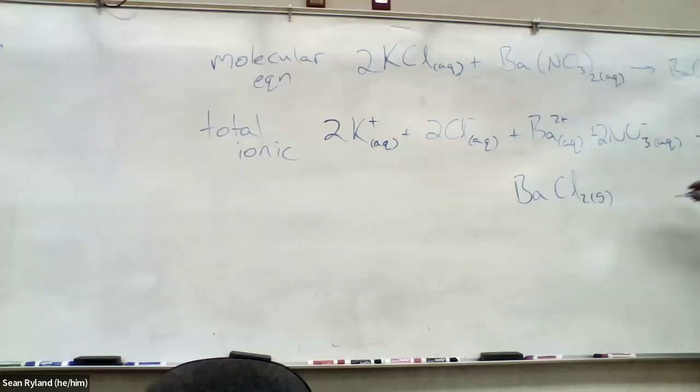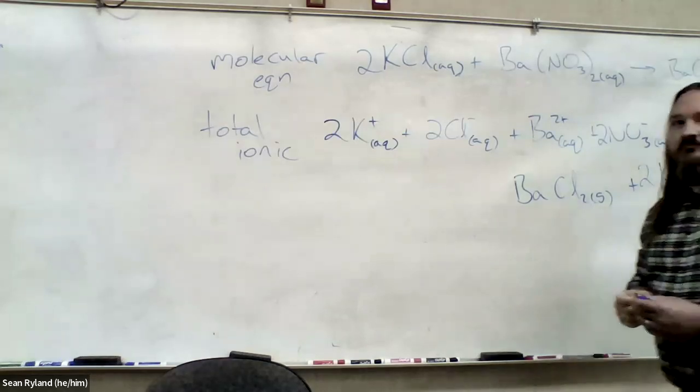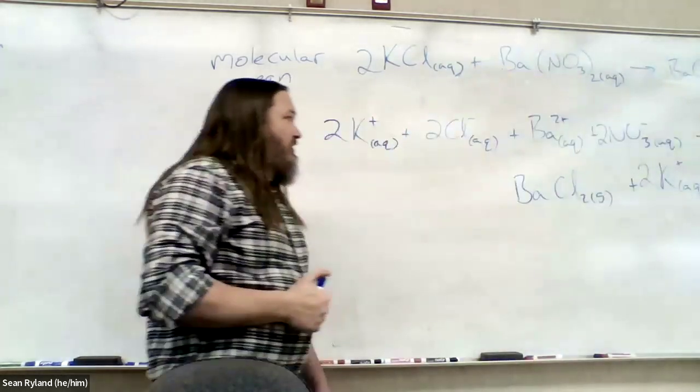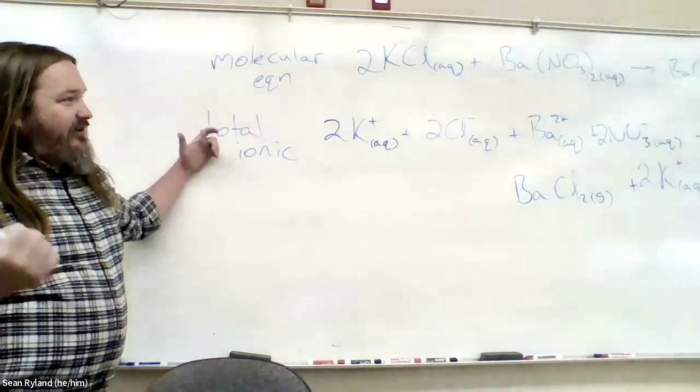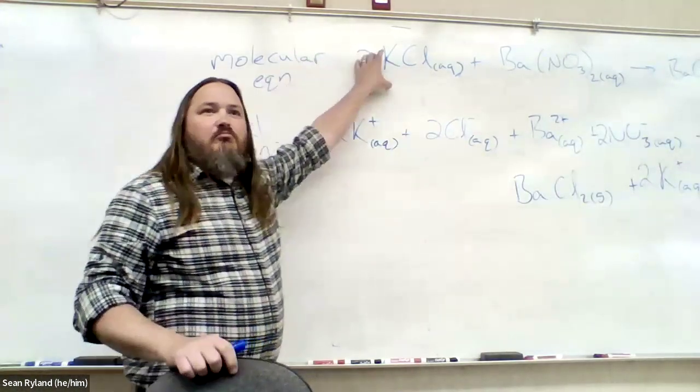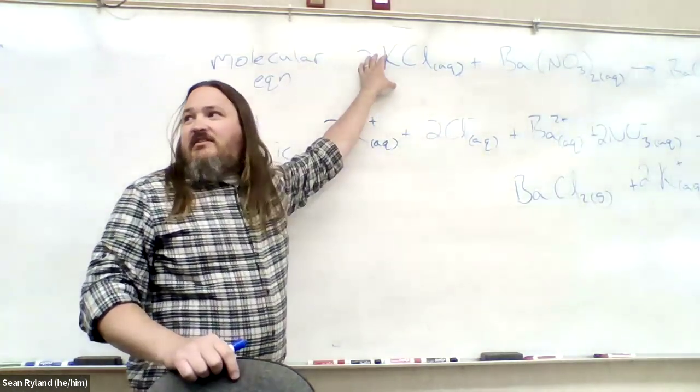And then the other pieces, though, are still just floating around. So still 2 potassiums aqueous plus 2 nitrates aqueous. So really the total ionic form is just this blown up into pieces.